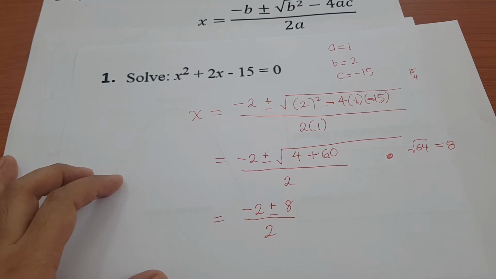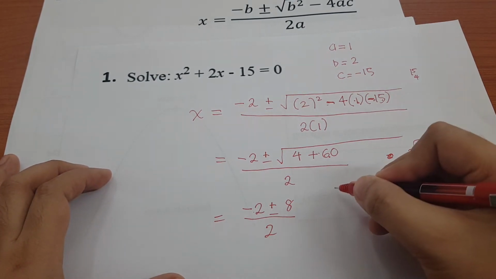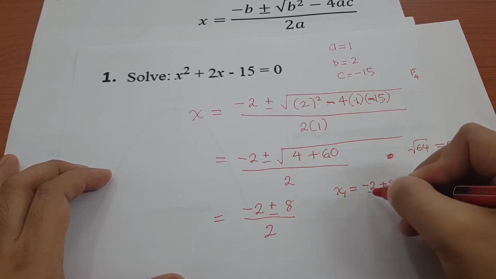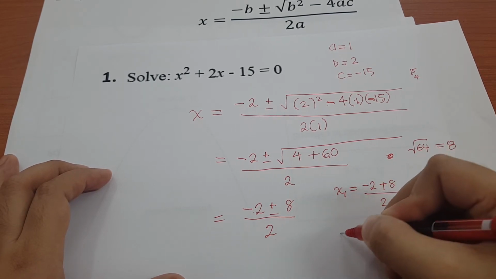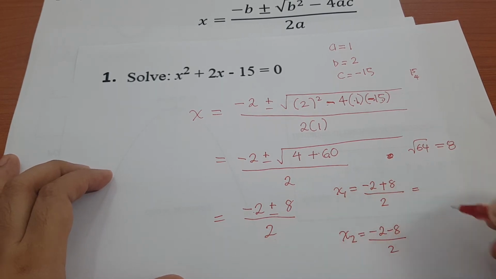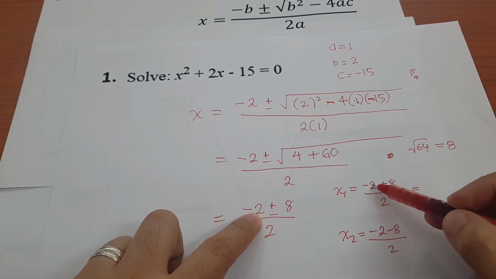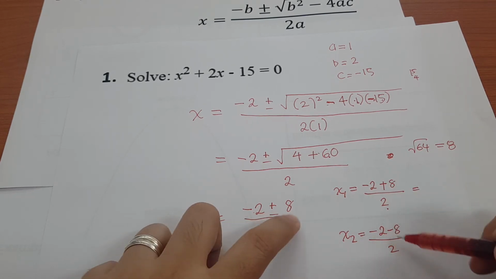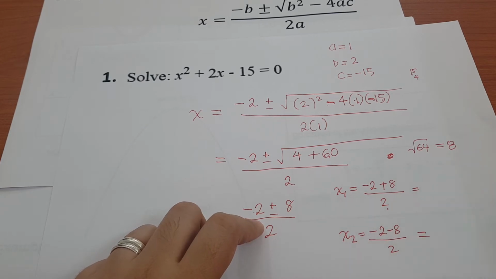So we can now solve for the two values of x. What is the first value of x? The plus 8 all over 2. The second value is the minus 8 all over 2. So we'll take minus 2 plus 8 all over 2, and the second one, minus 2 minus 8 all over 2. Then we simplify.